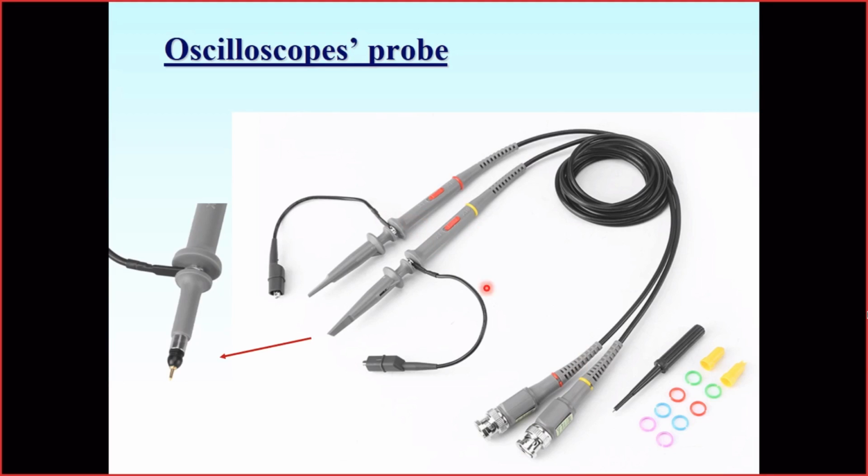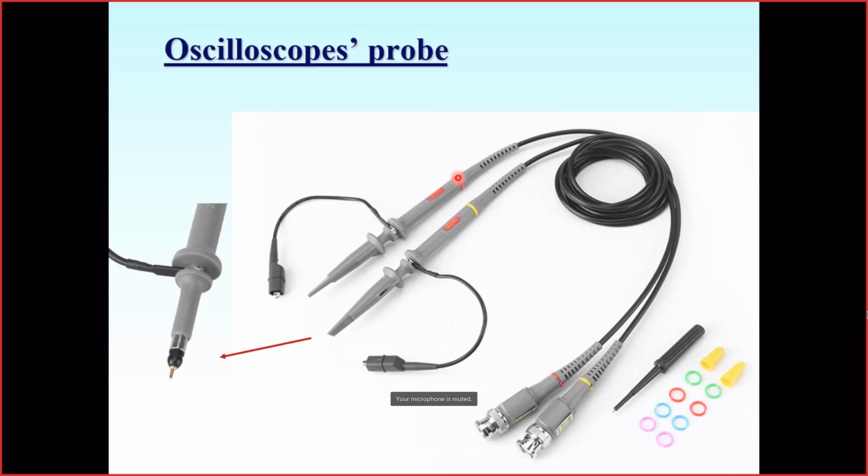Usually it's adjusted with a screwdriver, and often the screwdriver is added to the kit of the probe. When you buy a new probe, you will get it in a plastic bag with the probe itself, and all these components are very often detached. For instance, the crocodile wire sometimes is detached, and we have this screwdriver for the regulation and some colored rings.